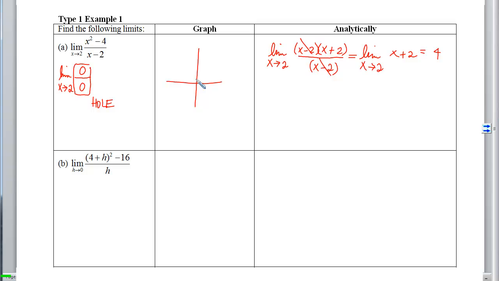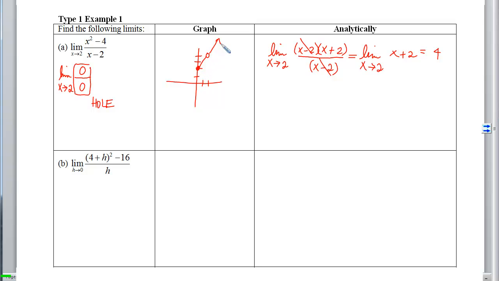If we verify this graphically, we can see that the graph of this expression is going to look exactly like the graph of x plus 2, except at 2, which was a problem in the original function's domain, where we will have a hole whose y-coordinate is the same as the limit.